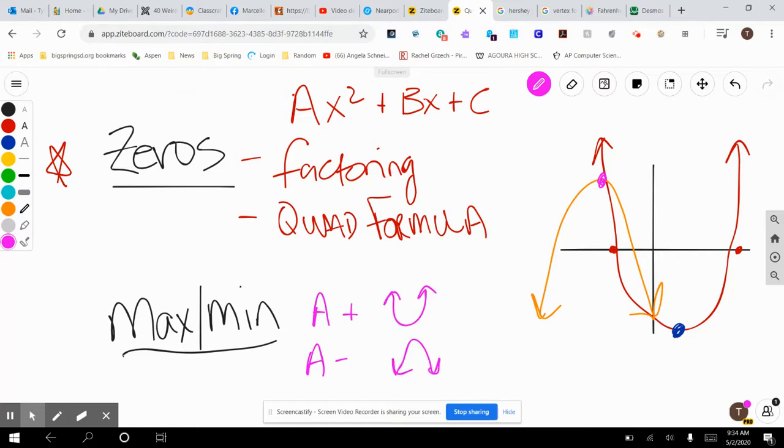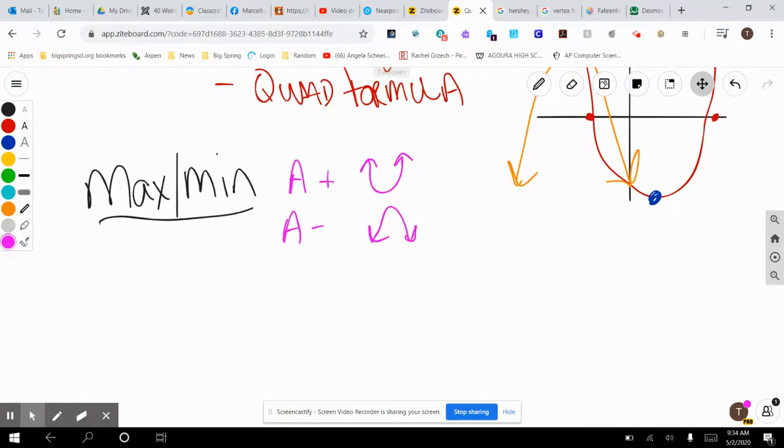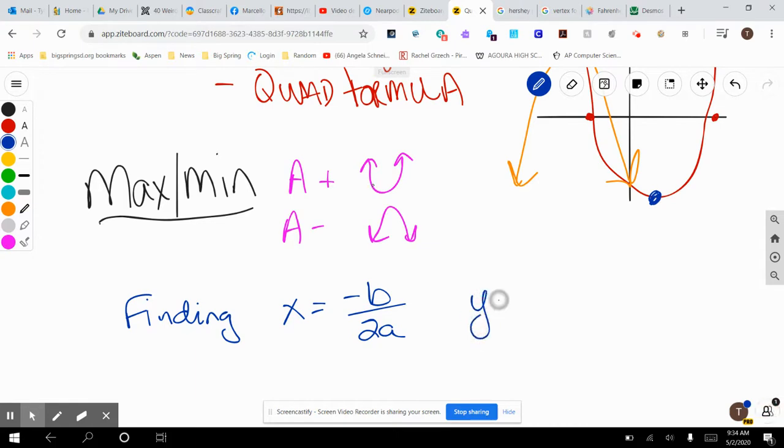So how we're going to find that max or min is we're going to say x equals negative b over 2a. We're using our b and our a from the standard form. So x equals negative b over 2a. To find the y, we plug it in.